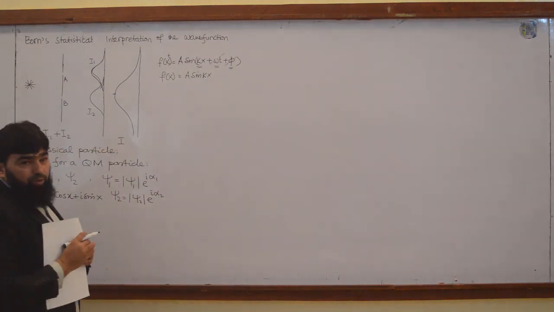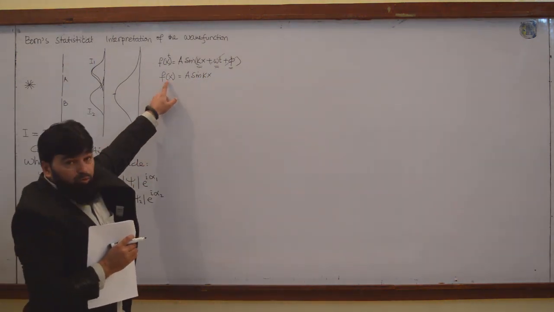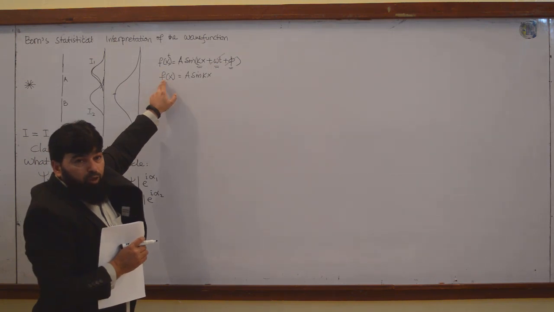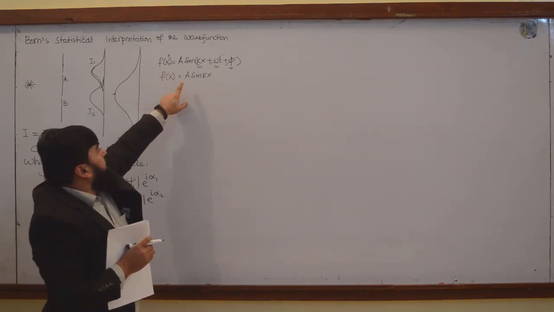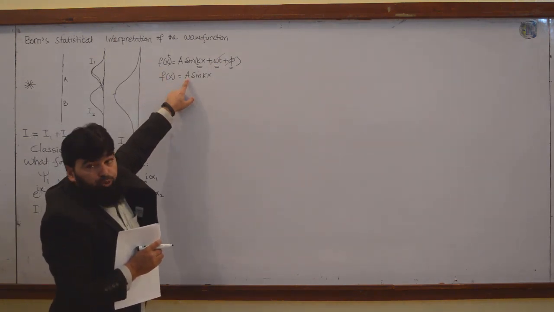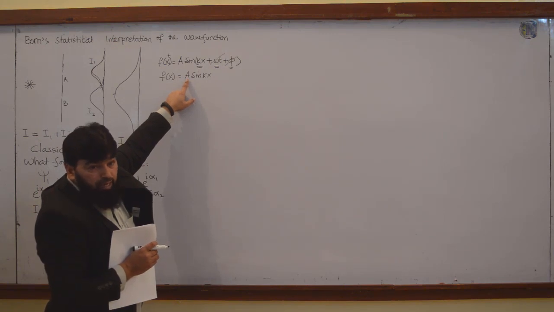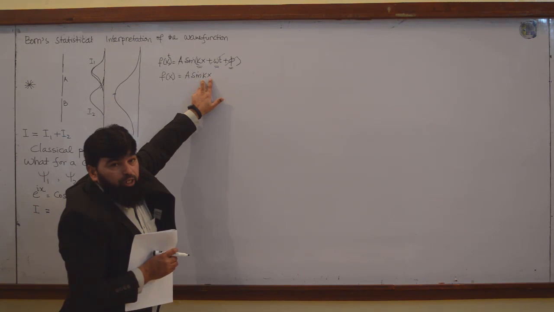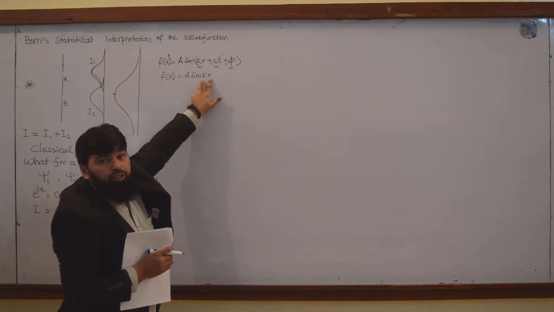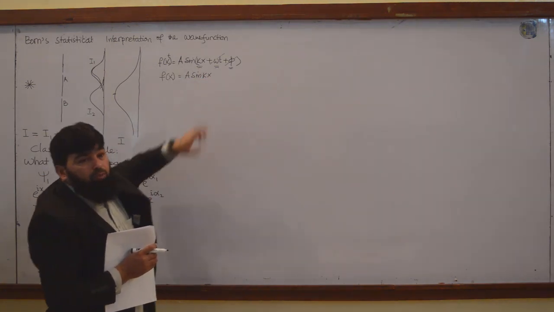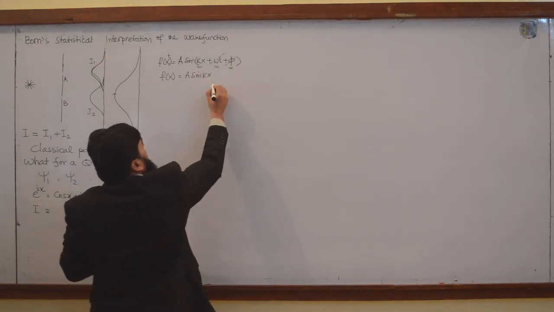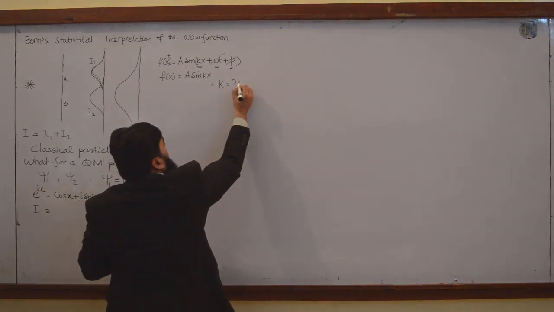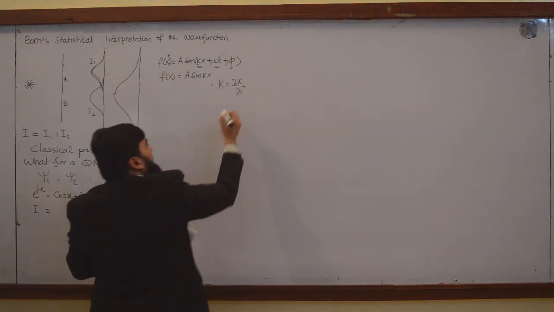Now this is a wave. This wave has some amplitude, which is called A. And this domain gives you the information about the wavelength, because this k we call the wave number, which is 2 pi over lambda.